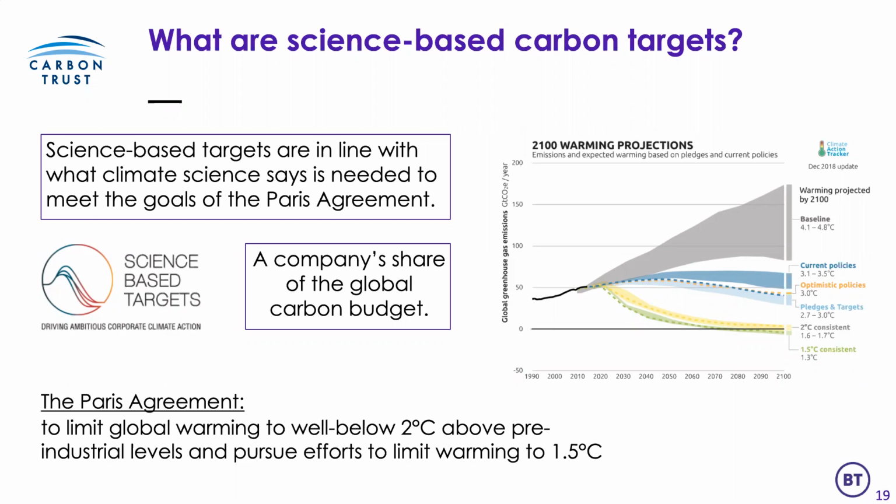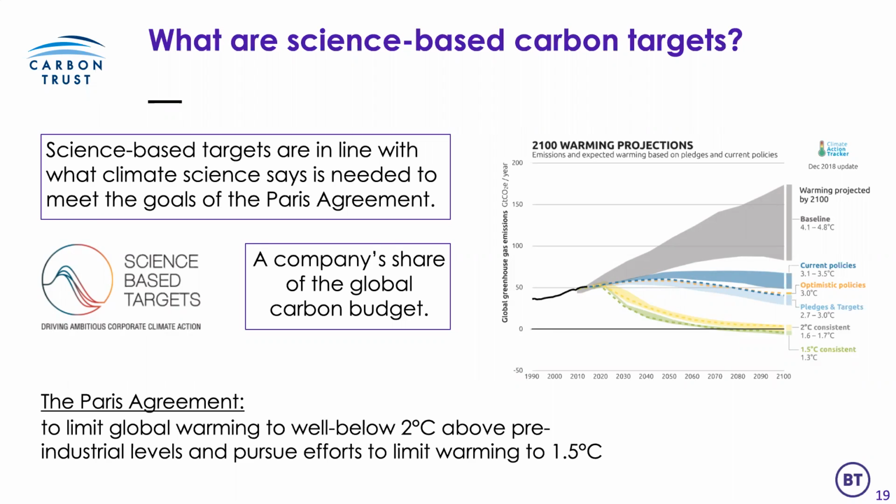So the chart on the right there, again, you may be familiar with this or similar charts. This is from the Climate Action Tracker, and it's basically showing the time period along the bottom, so years up to the end of the century, and the y-axis is annual global carbon emissions. So the grey plume at the top is what will happen with business as usual.